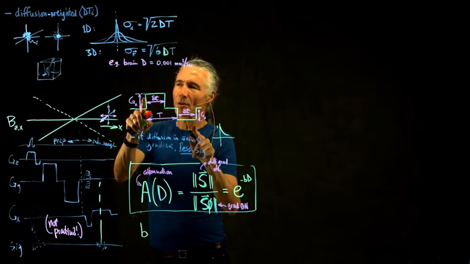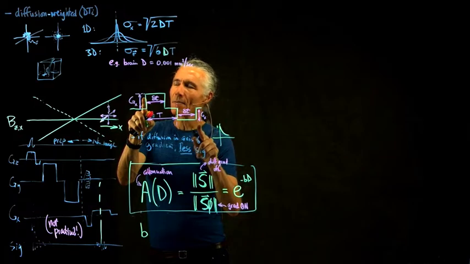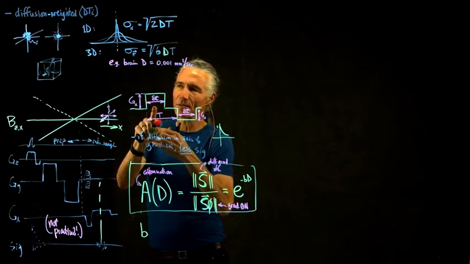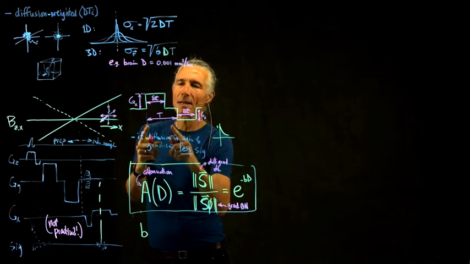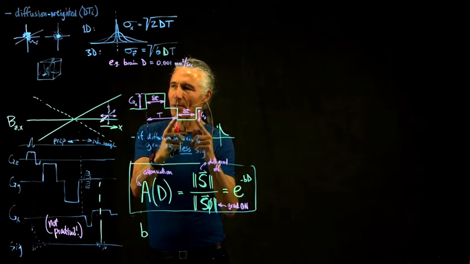If you make a stronger gradient, that's going to mess up the phases more, and when you fix them, if you were in a different place, you'll have more attenuation. If you wait longer, there's more chance for diffusion, and that will cause more attenuation. If you make the gradient on for longer, that's also going to cause more attenuation.